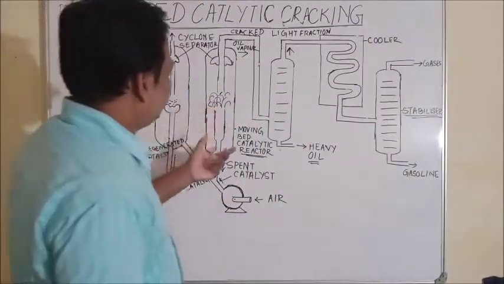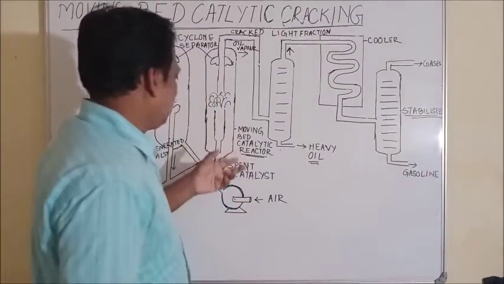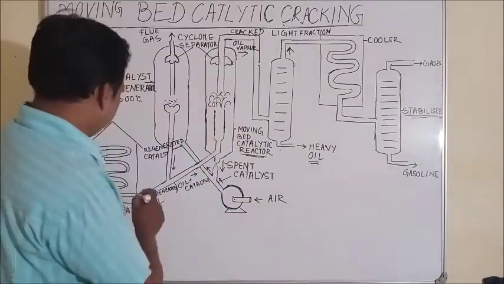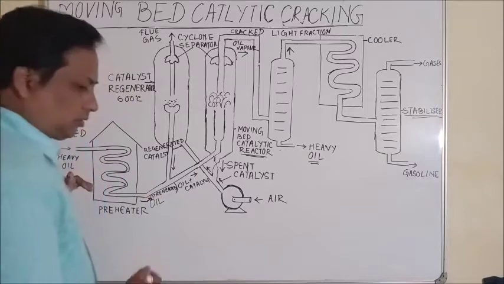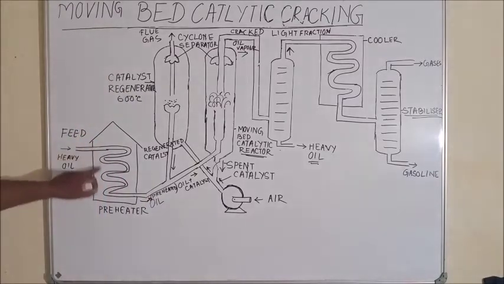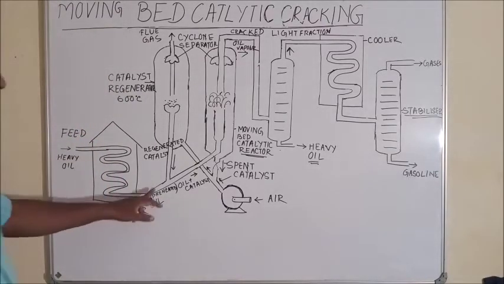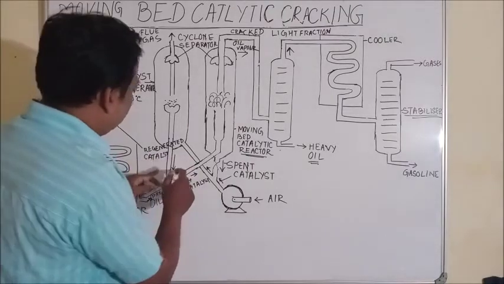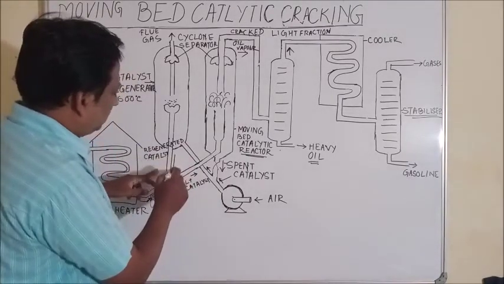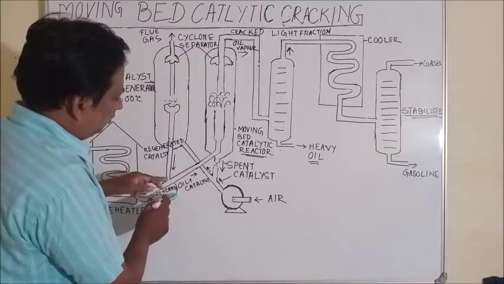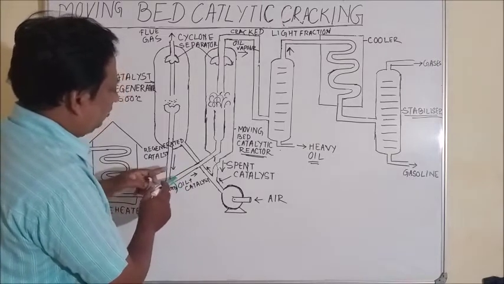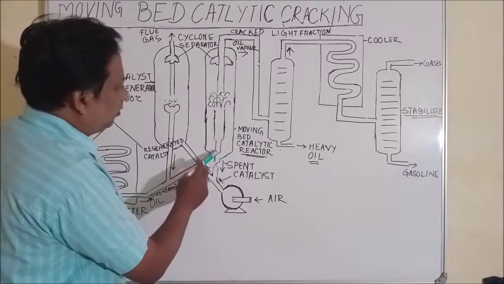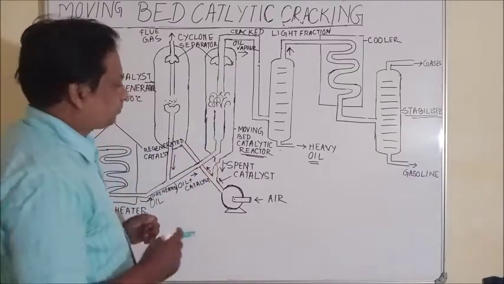Now how does this moving bed catalytic reactor work? Here the oil is preheated. The preheated oil and the catalyst from the regenerator both combine, oil plus catalyst, and pass into the moving bed catalytic reactor.